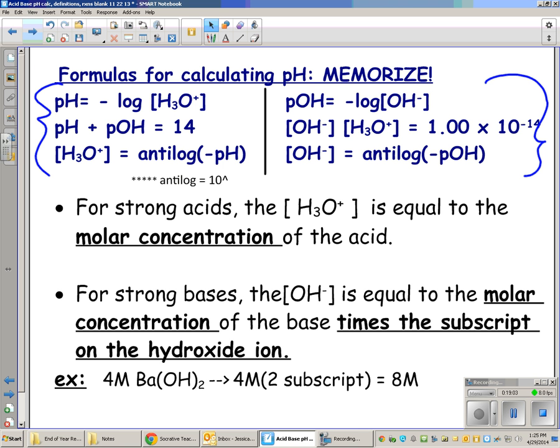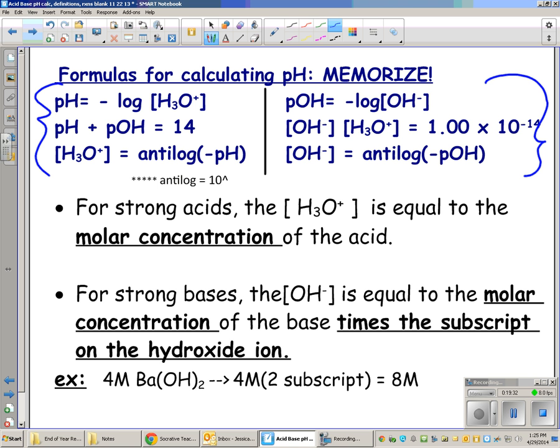Does everybody know how to find log in their calculator? Antilog is just the inverse of log. So what I always do, because log has a base of 10, you learned this in algebra 2.